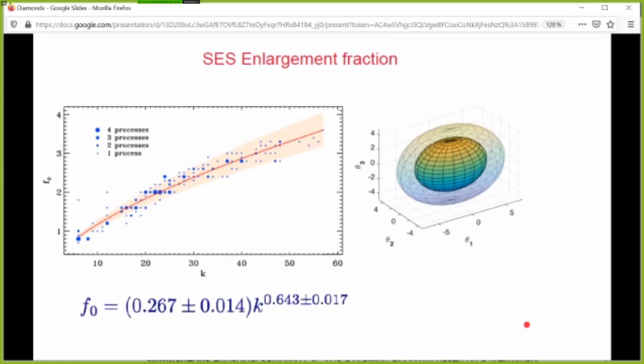So as I said, throughout the nested sampling computation, we have ellipsoids. And these ellipsoids around clusters are going to change their sizes depending on how the points are taken in and taken out. And the enlargement fraction of the ellipsoids is a critical parameter in the nested sampling based on the simultaneous ellipsoidal sampling.